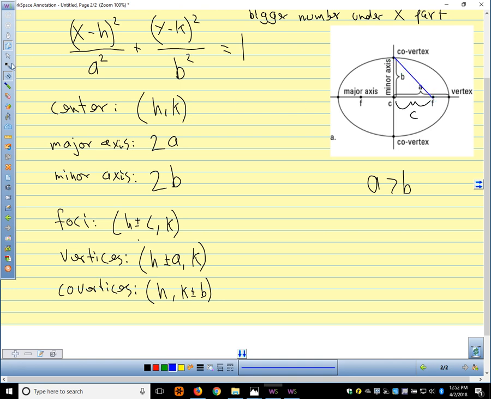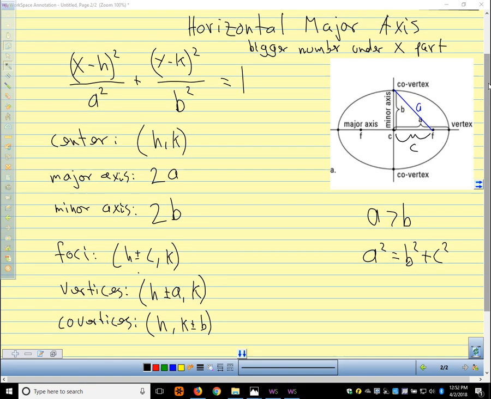That hypotenuse on your little right triangle is a. And for an ellipse, a squared equals b squared plus c squared. So that's the relationship between those distances that we're talking about here. All right, questions so far?